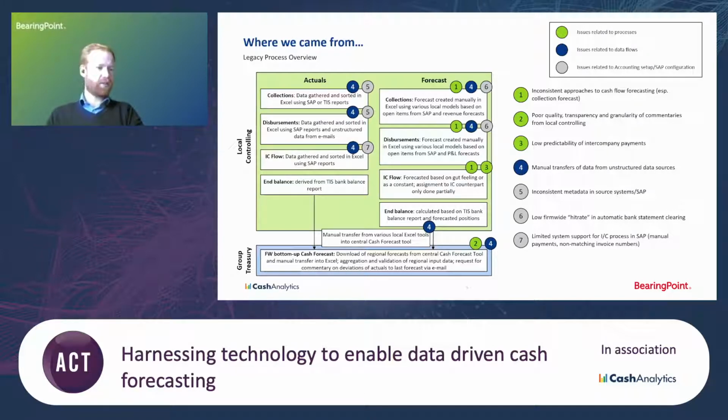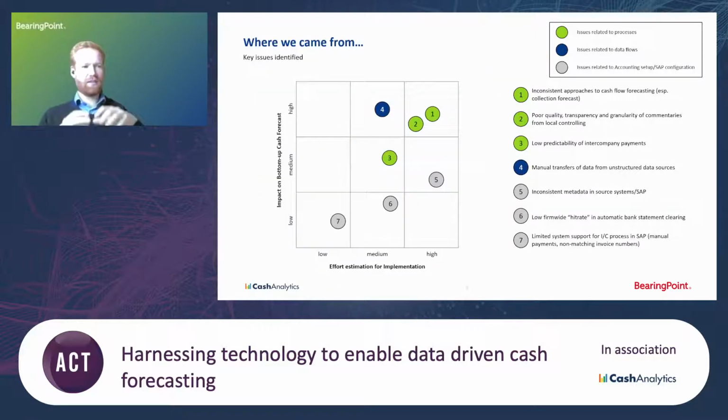So we saw at that moment that we had two fronts to tackle. On the one hand, we had the process that needed harmonization and transparency across all the entities. On the other hand, we needed to get rid of all these manual steps.